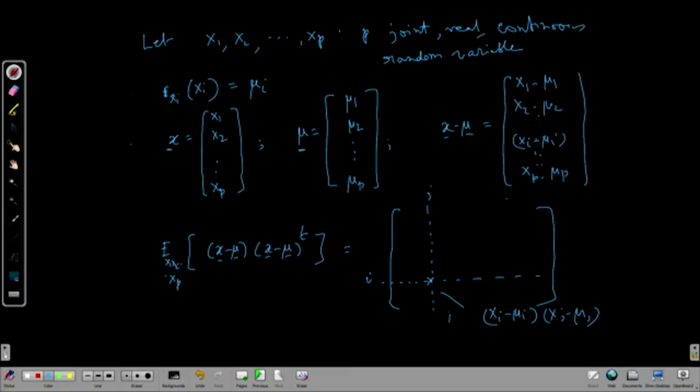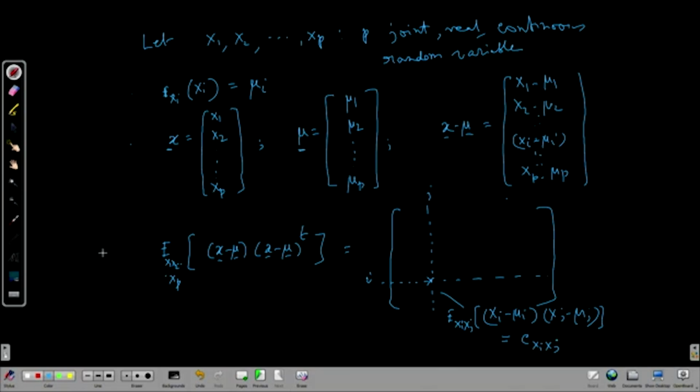So, it will be E of just xi, xj, all other random variables will go, as I have shown earlier. Only those variables present in this function will occur. So, you will get, and this is nothing but the covariance between these two random variables, C xi xj. All right.